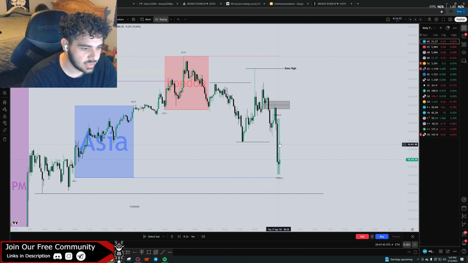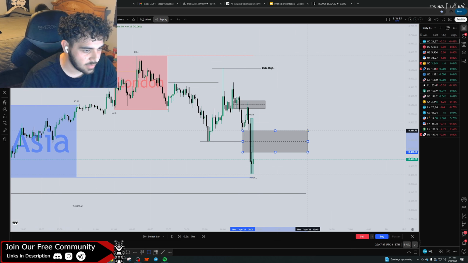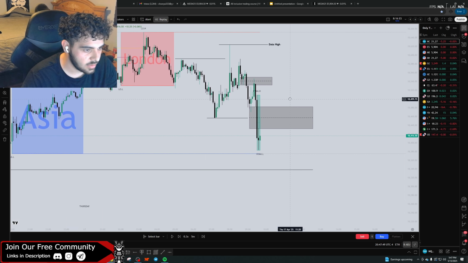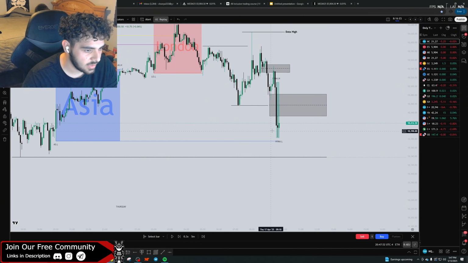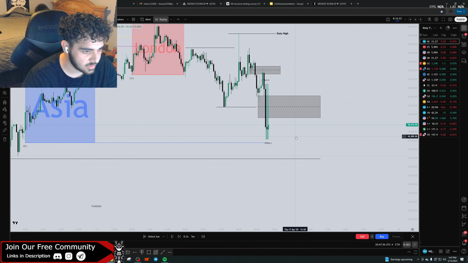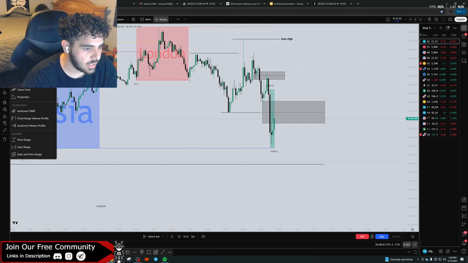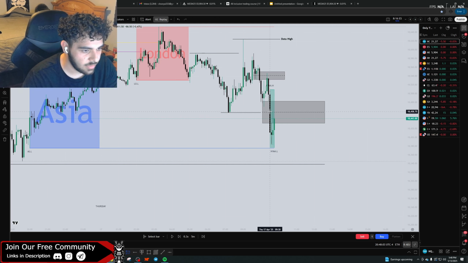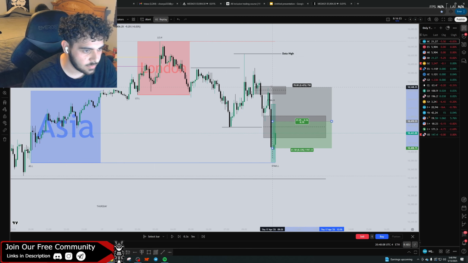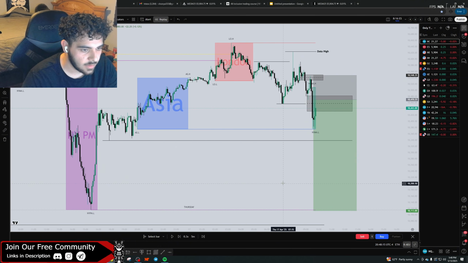So this is a market structure shift. We're inside of this fair value gap. But to be honest, I'm not a huge fan of how deep it is to our target. If this is our target and we're trying to enter down here, that's not a great entry. So let's go higher. I actually want to enter about right here, just because we'll aim lower to get more RR.